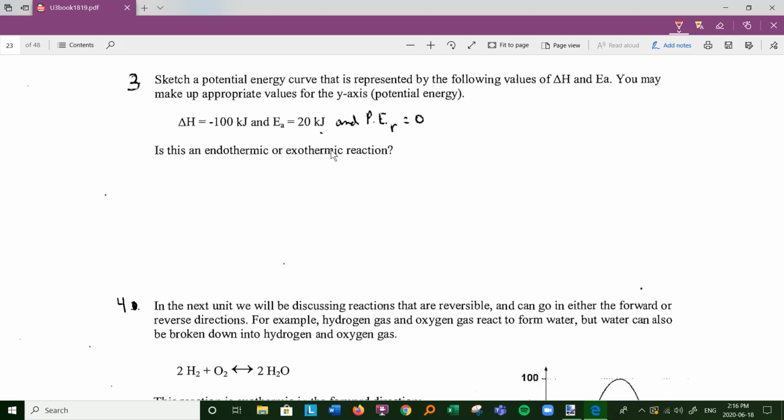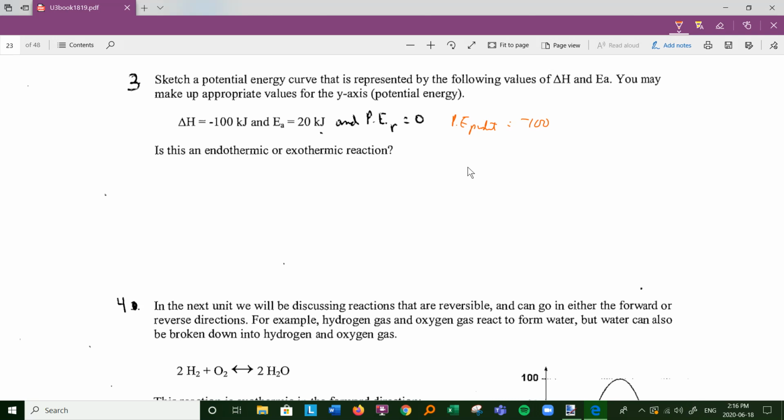Here we're going to sketch a potential energy curve that was represented by these values here. So I got delta H, I got EA, and I got potential energy of the reactants. So potential energy of the products is going to be negative 100, right? Because you started at 0 and your difference is negative 100. So this is exothermic. And EA reverse, watch this.